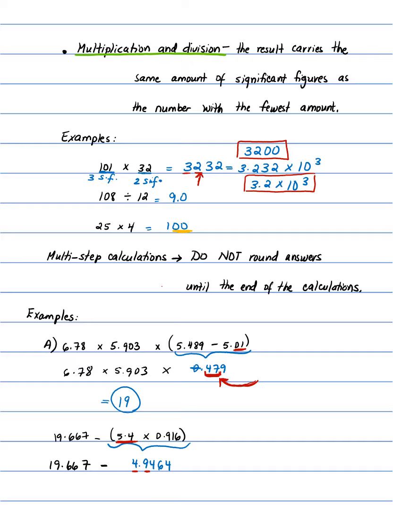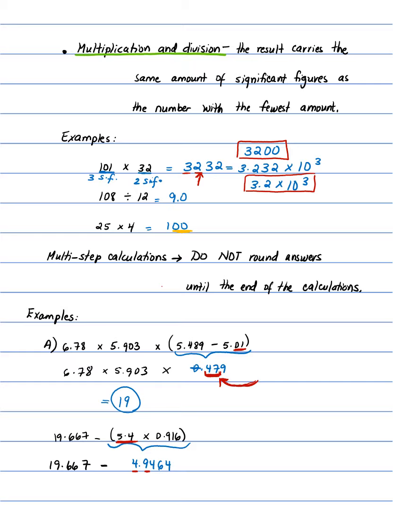So when you're subtracting your numbers here, the first number, 19.667, you have 3 decimal places, and now I'm looking at the decimal places because this is a subtraction. The second number, you have 4 decimal places, right? 9464, 4 decimal places, but out of the 4 decimal places, only one of them is actually significant, which is the 9.